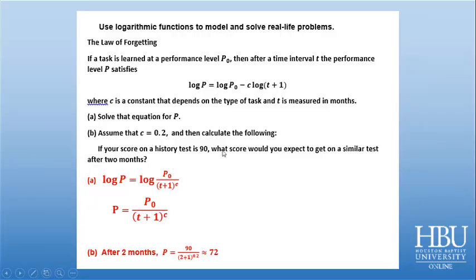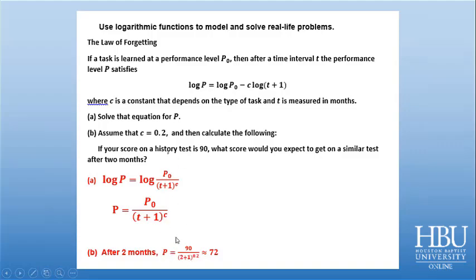If we're given that c is 2/10 and that our initial performance was a 90 on a history test, what score would you expect to get on a similar test after 2 months? So I just substitute 90 for the initial performance and substitute a 2 for the t. 2 plus 1 is 3.